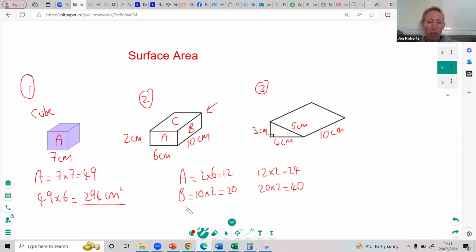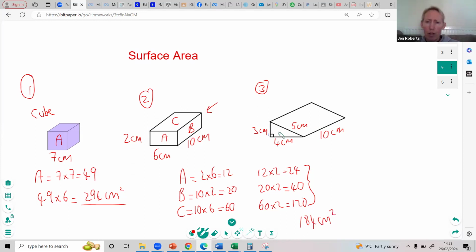And the rectangle at the top there, 10 times 6, same as the bottom. Add these 3 values together, 184 centimetres squared.